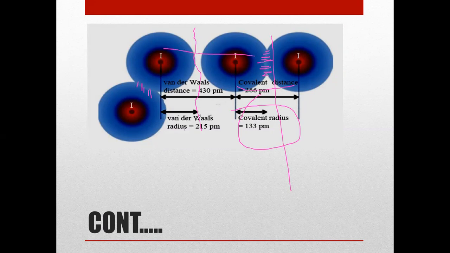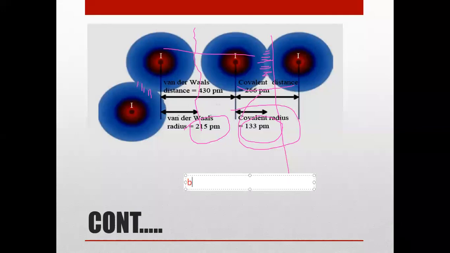So you can see this is 215, this is 133 picometer. Why? That is why it is always, right, your bonding radius is less than the non-bonding radius.